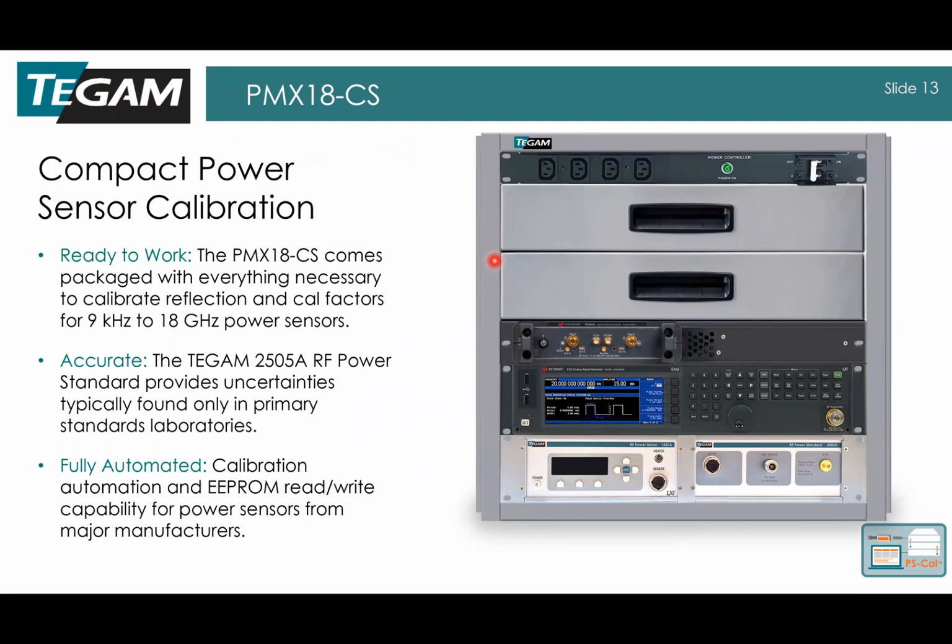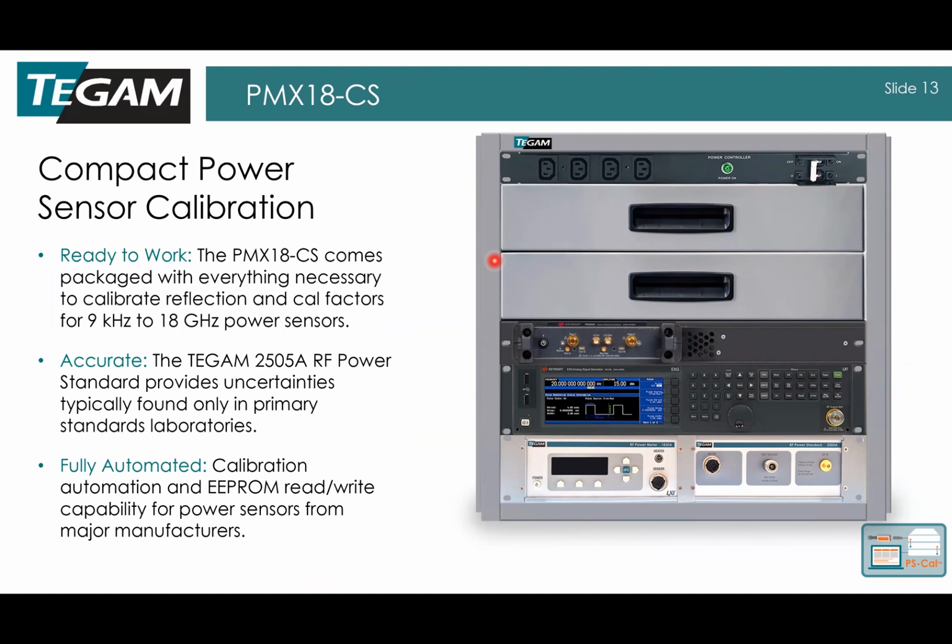The idea of putting this together is a nice compact system that out of the box will do what you need to do. All of the equipment is already configured to work with PSCal right out of the box, so you can pretty much plug this in, let it warm up, and calibrate power sensors. So it's ready to work. It comes with the TEGAM 2505, so primary standards lab accuracy levels in a compact system like this.